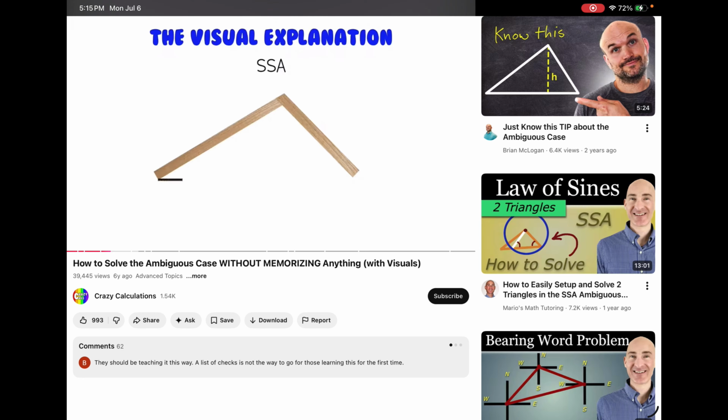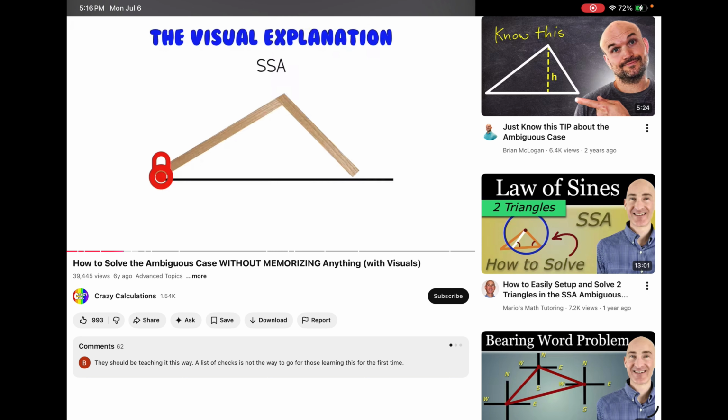And then you have another side, and I just drew it as a line like this, because you can make it as short or as long as you want. You aren't given the length of this side. And also, you're given A, so an angle. Let's say we were given the measure of this angle right here. I'm going to put a lock on this angle to remind you we cannot change this angle right here, and these 2 wooden boards we cannot change the length of. But what we can change is the angle right here and the angle right here.